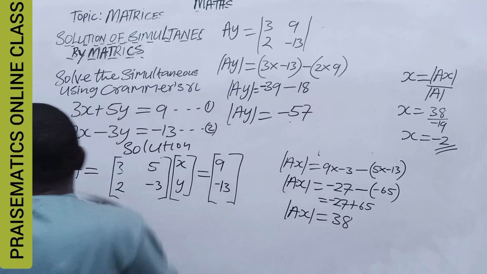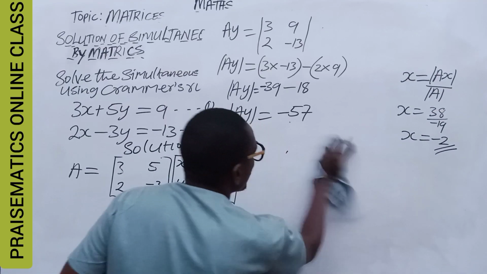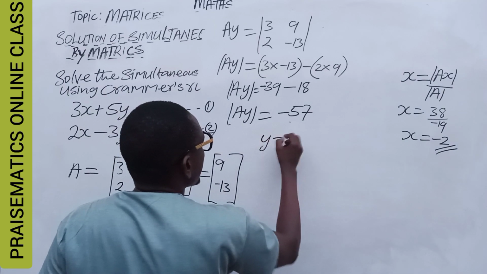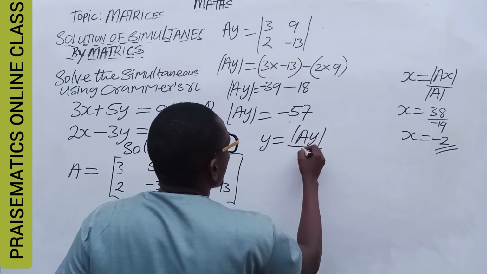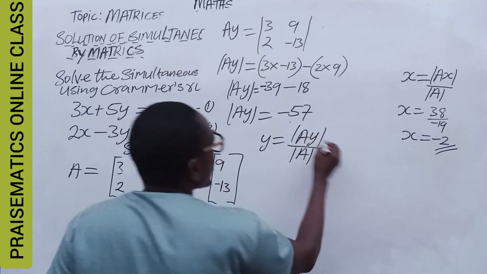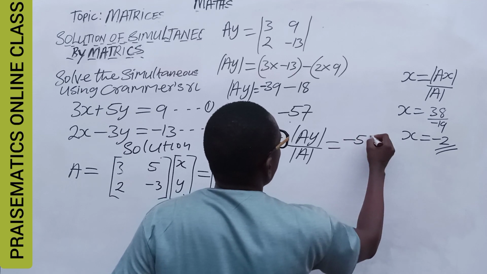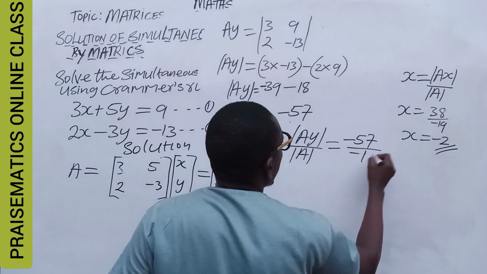And what are we looking for? We are looking for Y. And how do we get Y? We get Y by saying that Y is equal to the AY determinant over the A determinant. Our AY determinant is -57 over -19.